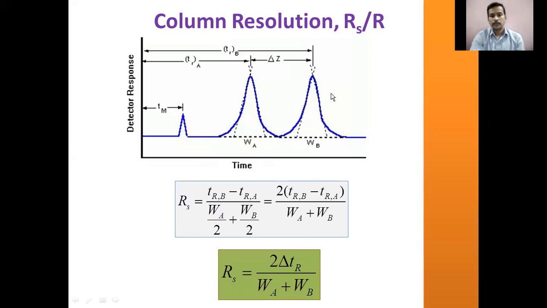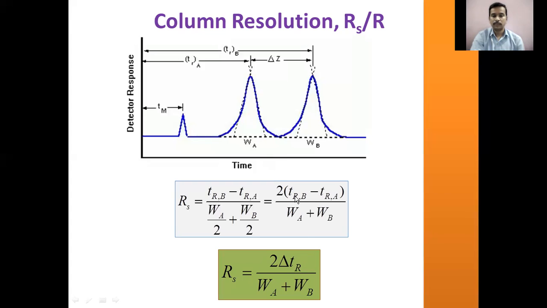So if you have a chromatogram for achieving the separation of two solutes, whether they are well resolved, whether their separation is adequate or not, we can decide by looking at the value of the resolution. So resolution can be calculated by using this expression.